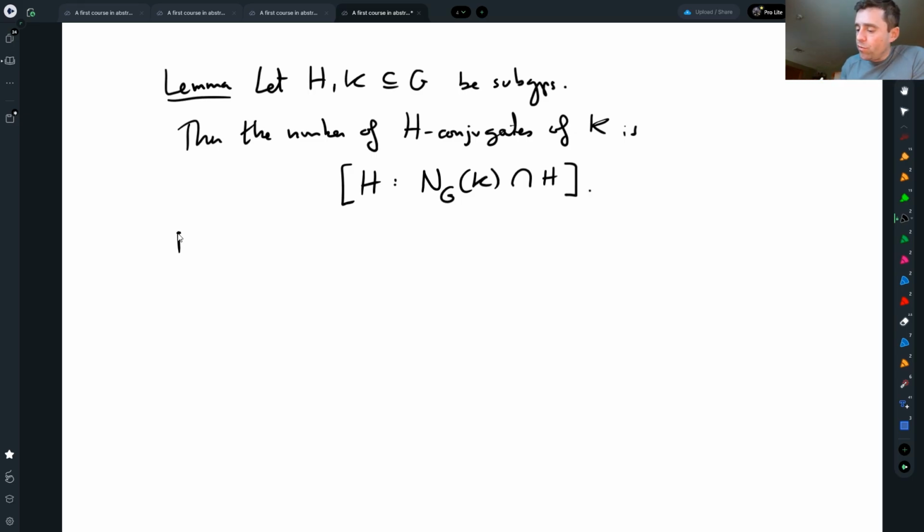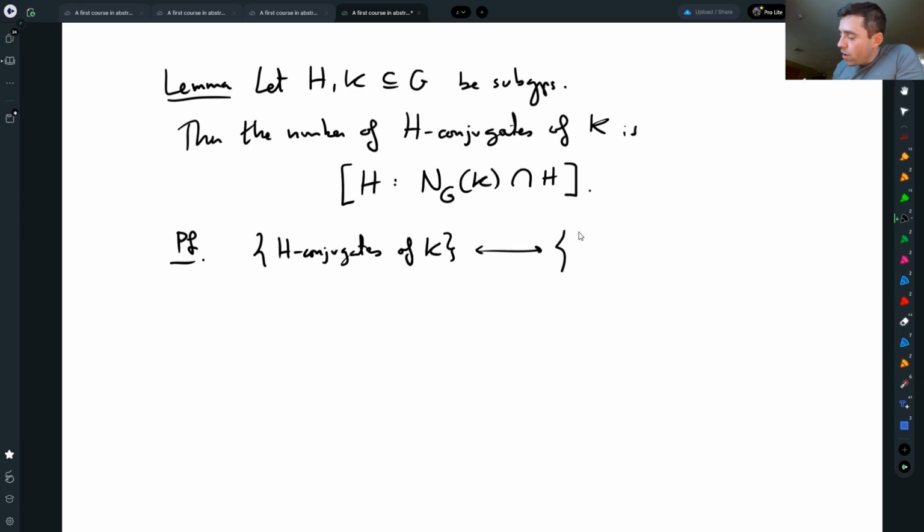So here's the proof. For the proof of this, I'm going to write a bijection. The H conjugates of K are going to be in bijection with the right cosets of that subgroup, the intersection of the normalizer with H, and the map is going to go as follows.